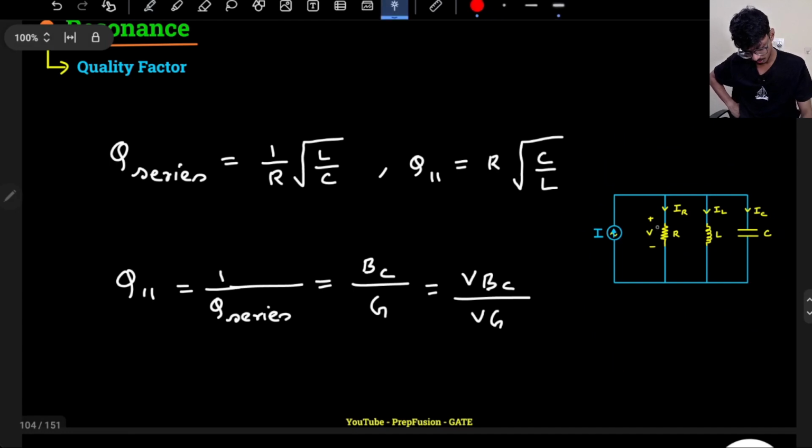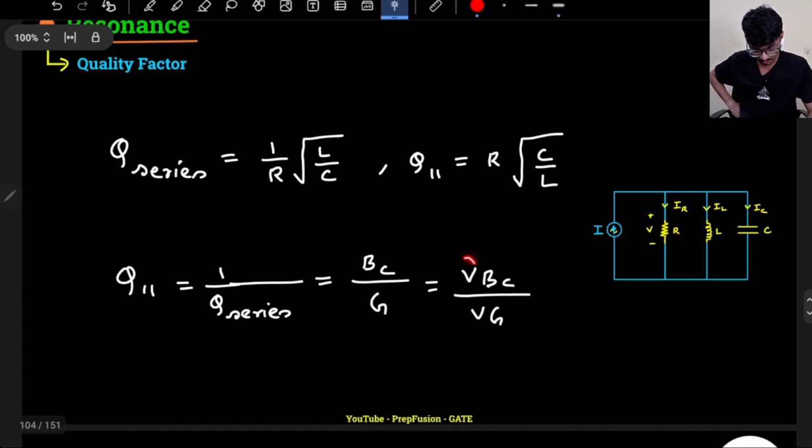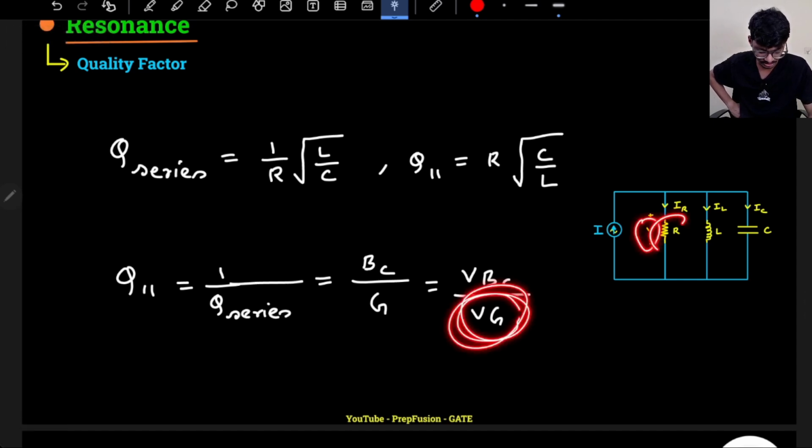What is this quantity? This is current: the voltage times the conductance, so it is the current of the resistor.